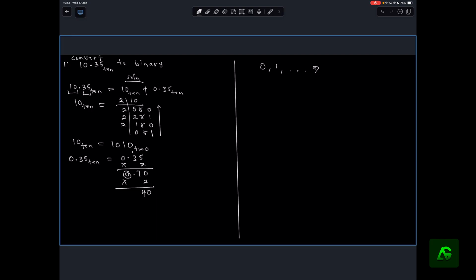I'll write down 4, carry 1. This is the one I'm carrying. 2 times 0 is 0, plus the 1 carried, so that is 1. So that is 0.1. We'll circle this one again, which is the integral part of the new result. So we go again and multiply. This process, in some cases, terminates, and in some cases, it does not terminate.